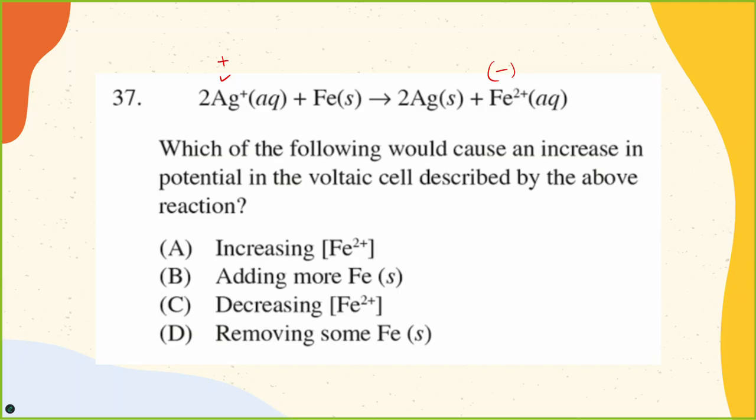But if we decrease the concentration on this side, whereas this side has more and this side is less, C would work. In that particular case, Q would become less than 1, because Q would be the concentration of the Fe over the Ag squared. So Q goes less than 1, whatever. There you go. So I'm going to go with C on that one.